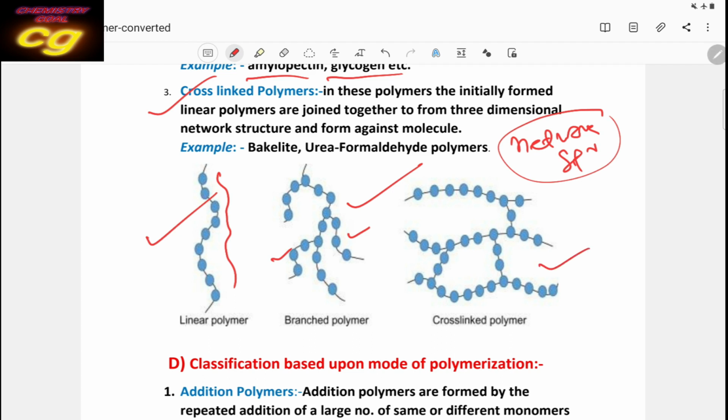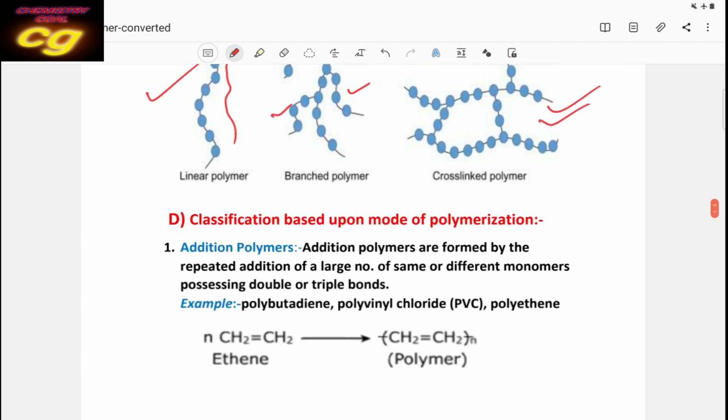That means the structure is more complicated compared to linear chain and branch chain. And the properties of linear, branch and cross-linked polymers differ due to the differing structural arrangement.